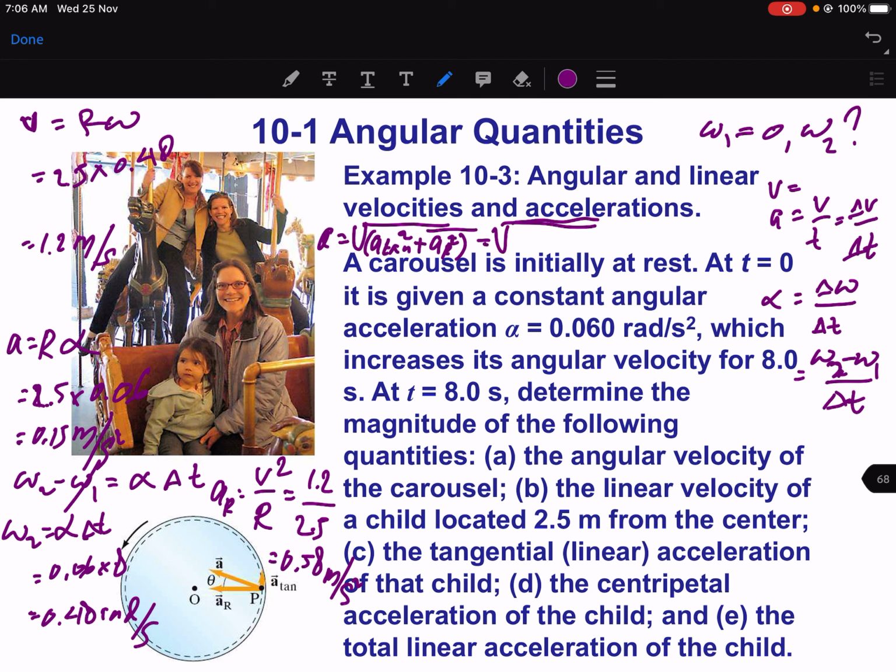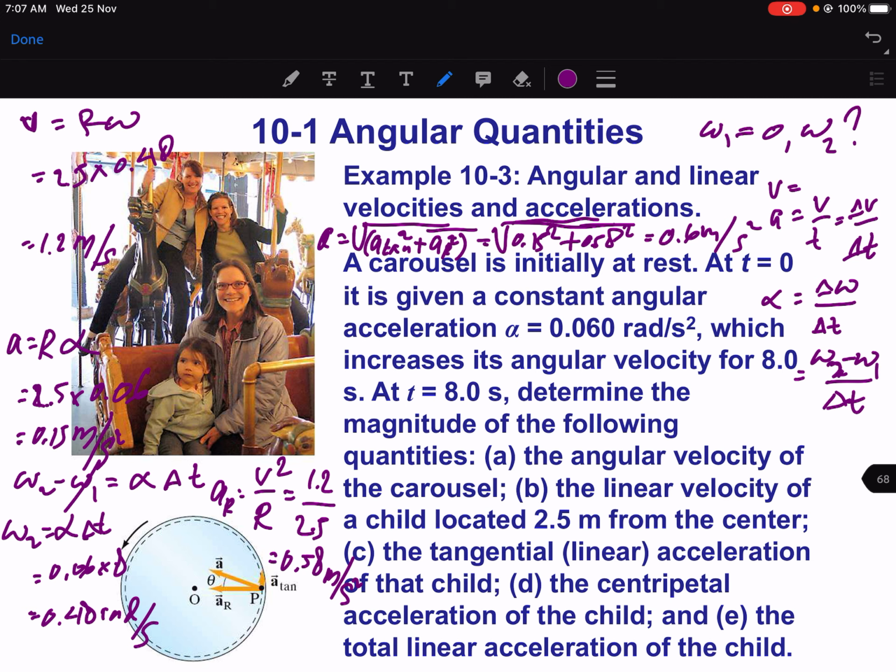So a tangential, answer of C, is 0.15 square. Centripetal we just got, 0.58, right? 0.58 square. So if you calculate this, you will get around 0.6 meter per second square. Okay.